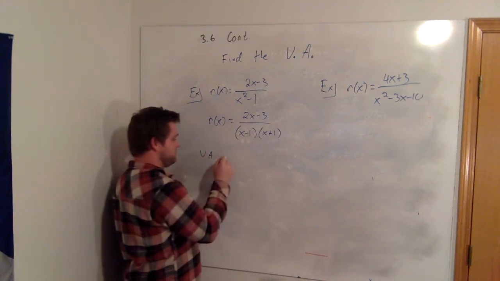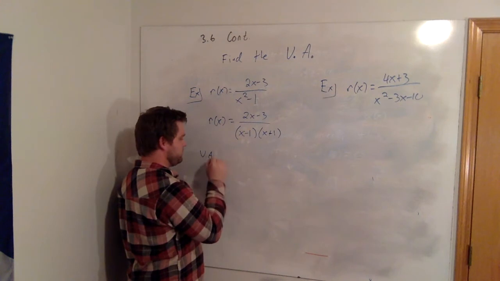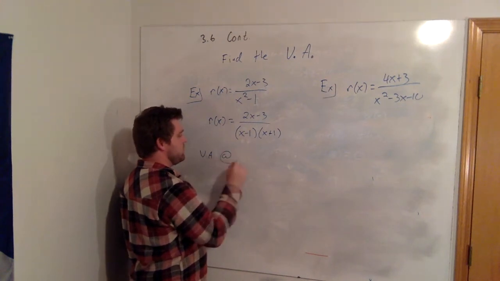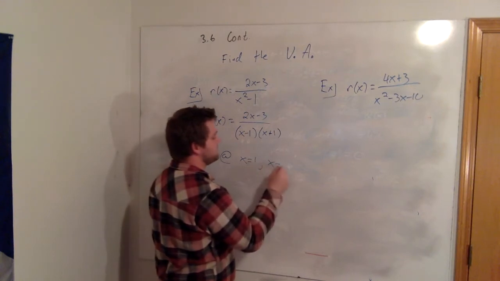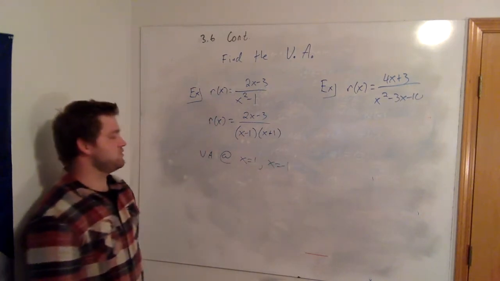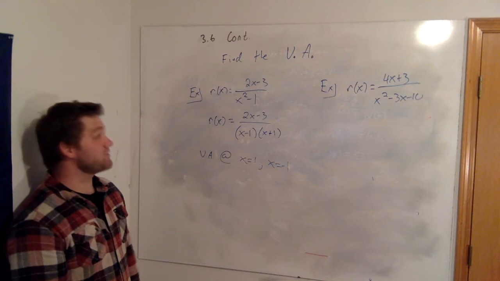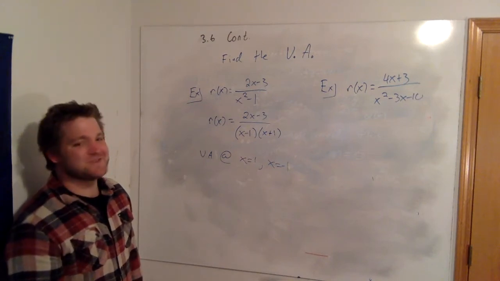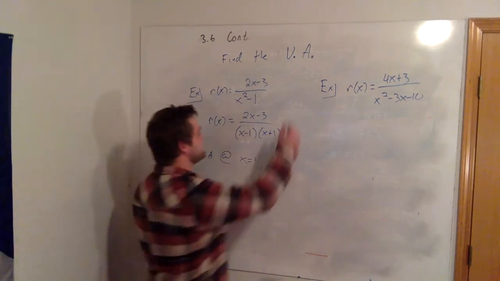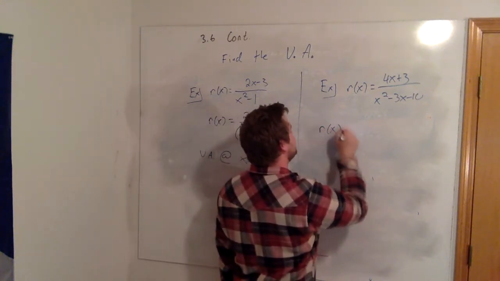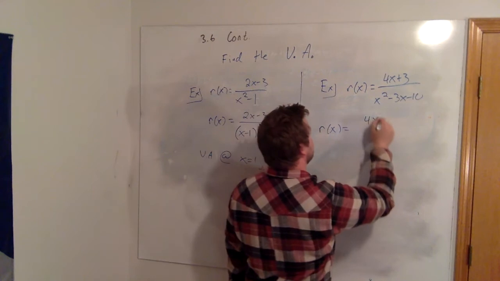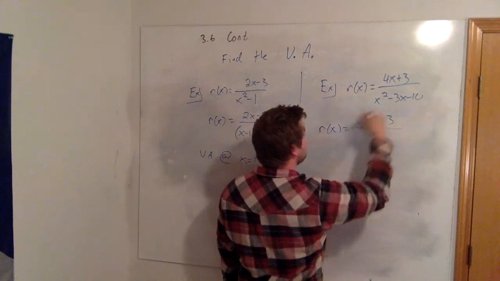The vertical asymptotes are at x equals 1 and x equals negative 1. That's what we know about this graph. These are the locations of the x-intercepts. I'm sorry, these are the locations of the vertical asymptotes. Okay, for this next example, in a very similar fashion, we'll have r of x equal to 4x plus 3. Let's factor the denominator.